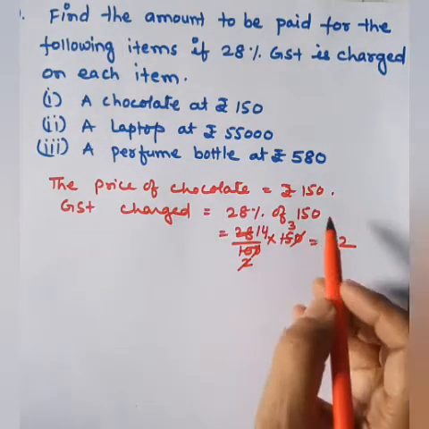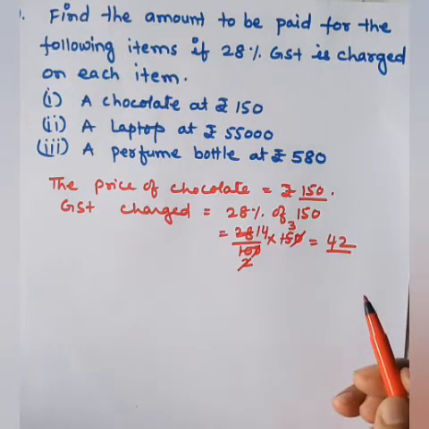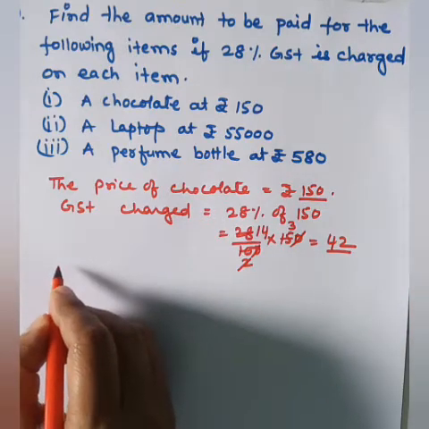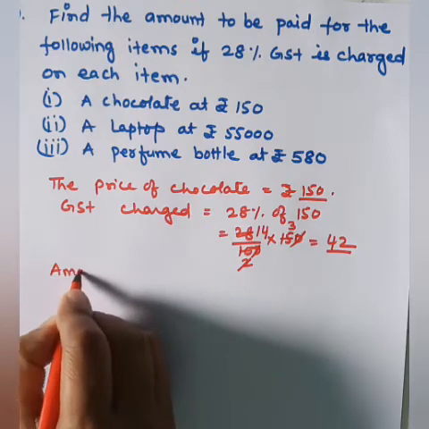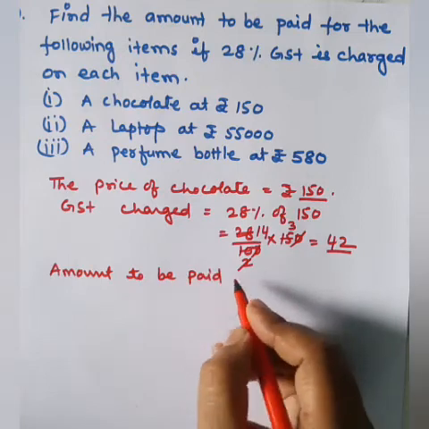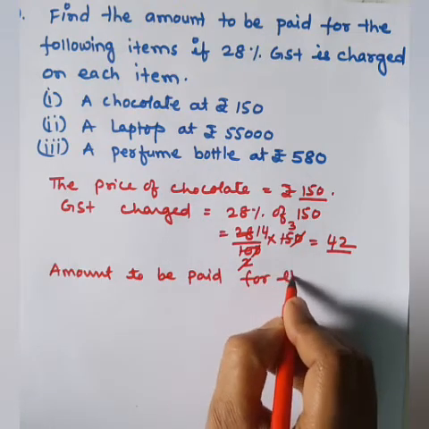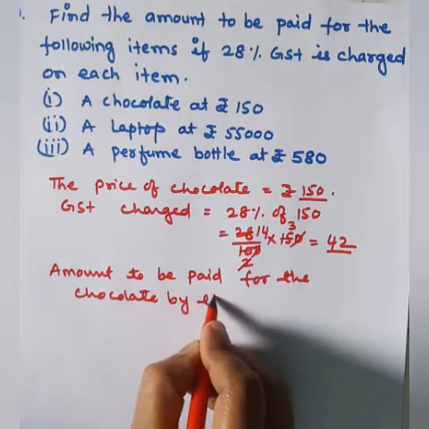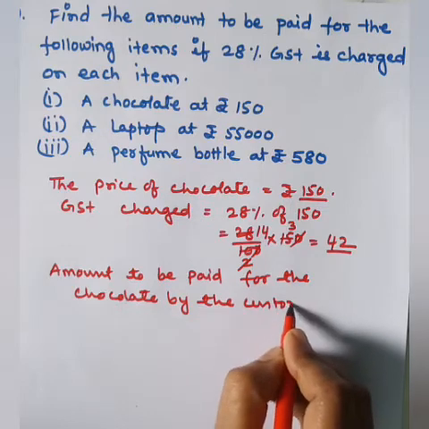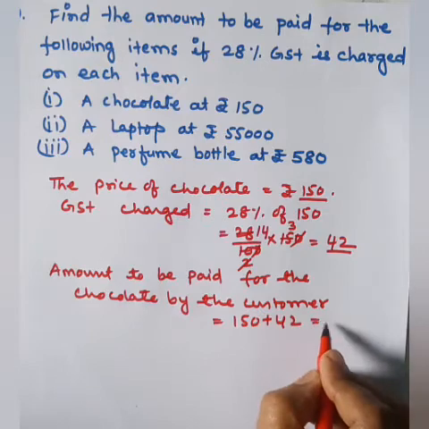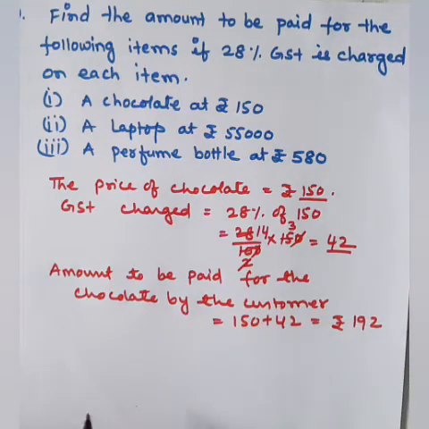So now see, 150 plus 42 will be the amount the customer will have to pay for the chocolate. So the amount to be paid by the customer for the chocolate will be equal to 150 plus 42, that will be rupees 192.